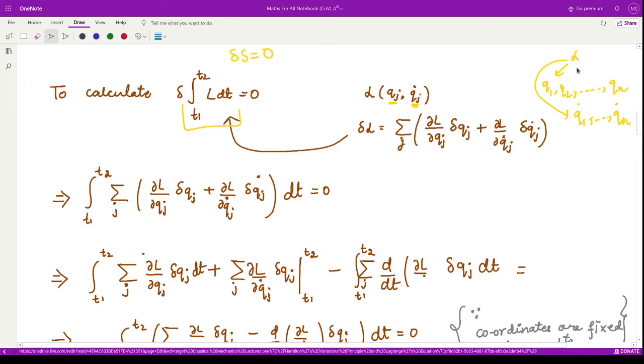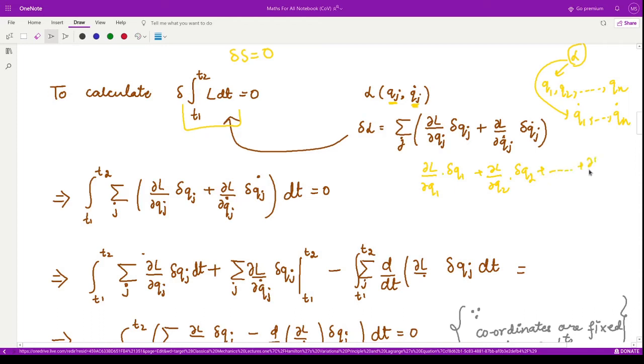So when you take its variation, then you will get del L by del q1 into the variation of q1, plus del L by del q2 into the variation of q2, and so on.